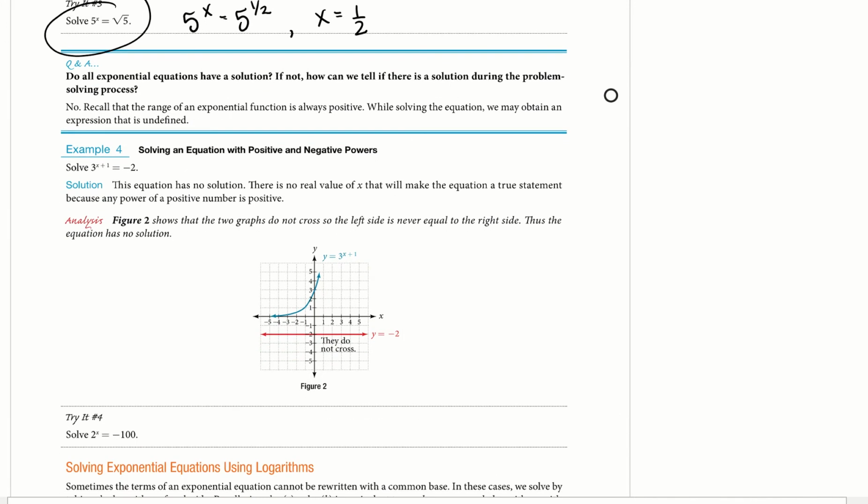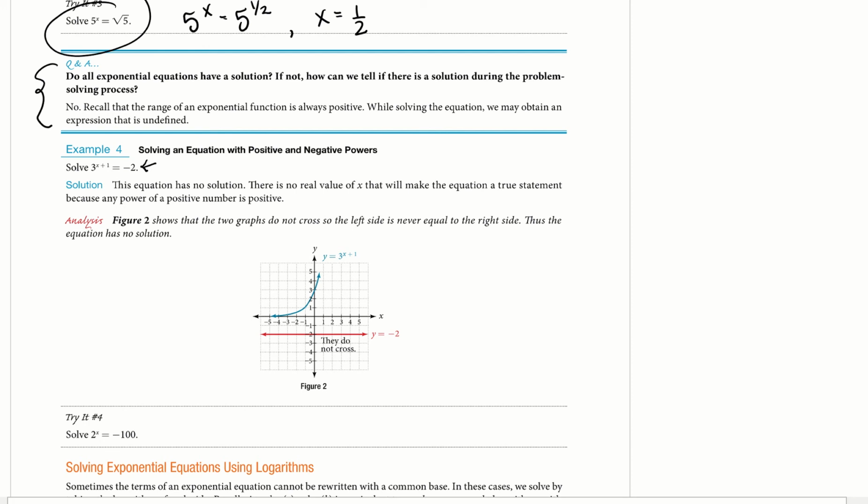Okay. So this is a nice little caveat. Not all of these are solvable, and we will see this here. Notice that 3 to the power of something will never give us a negative. If it is a positive 3 to the power of something, it will never give us a negative.